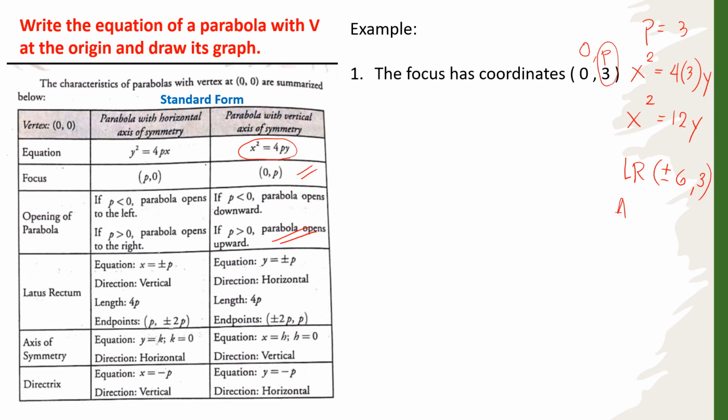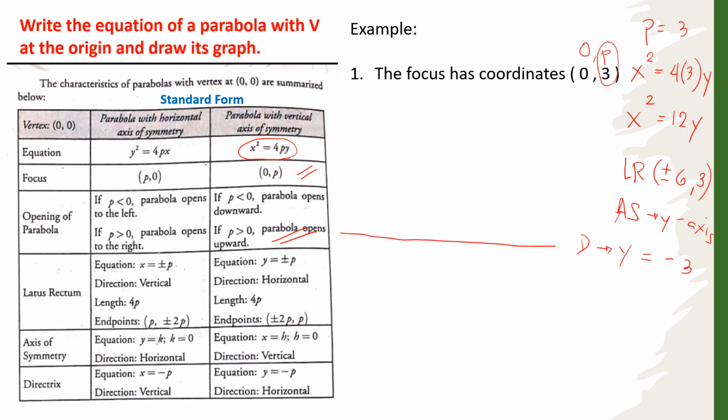So, the x-axis is not, because the answer is the y-axis in this case. Okay, and then the equation for our directrix, y equals, so the directrix here is what? Y equals negative 3. So, i-draw natin yung graph.